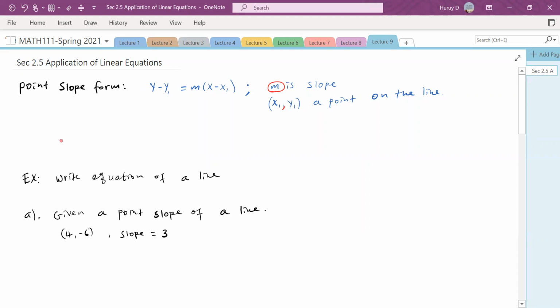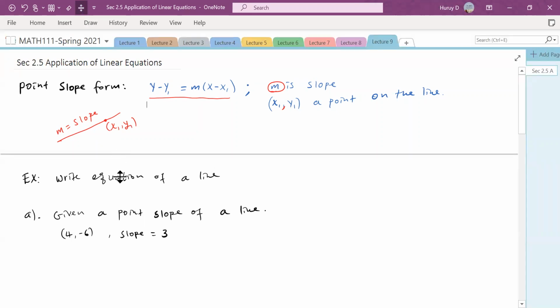So for example, if we know a line passes through the point (x1, y1), and m is the slope of this line, then the equation is given by this formula. Now, how did this happen? Where did this come from?